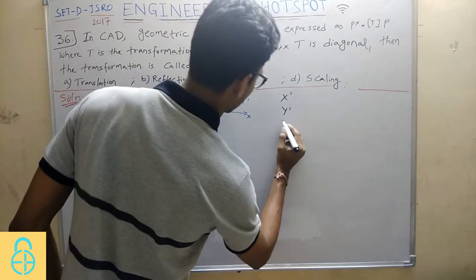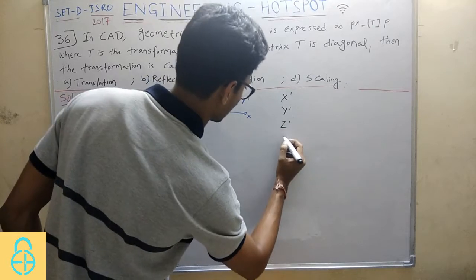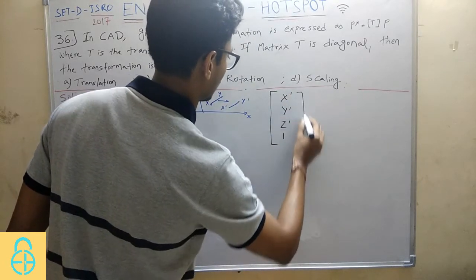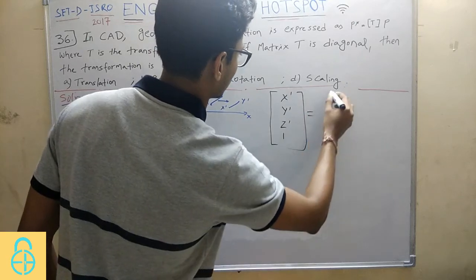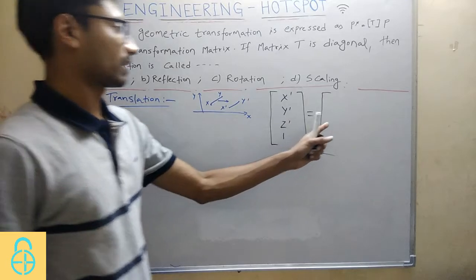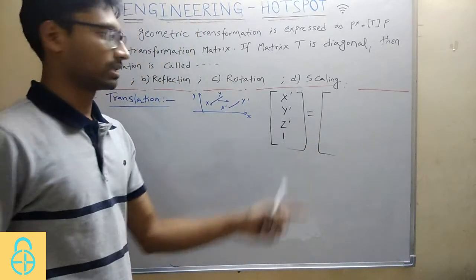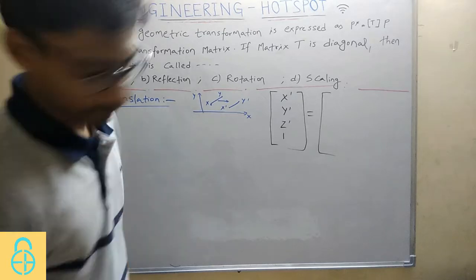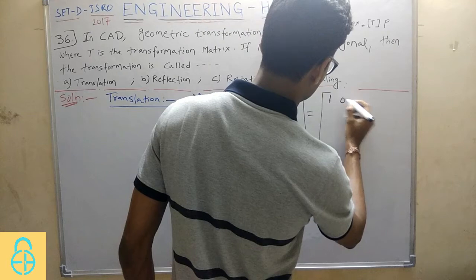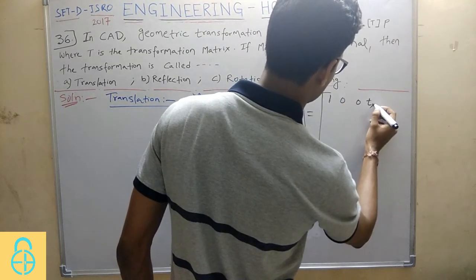So this will be x dash, y dash, z dash, 1 equals some transformation matrix given by 1 0 0 tx.